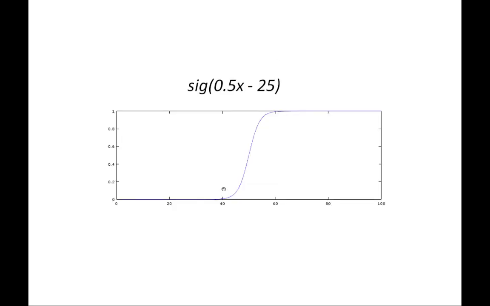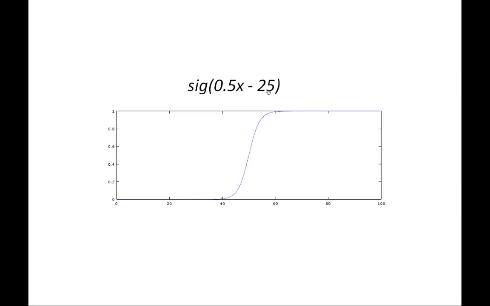So here's an example how this looks like. So this is sigmoid of 1/2 x minus 25. And then you see this behavior. So here on the left side, it's boring and smooth. Then you have this transition area where this argument here is approximately 0. And then it increases quickly to the value 1.